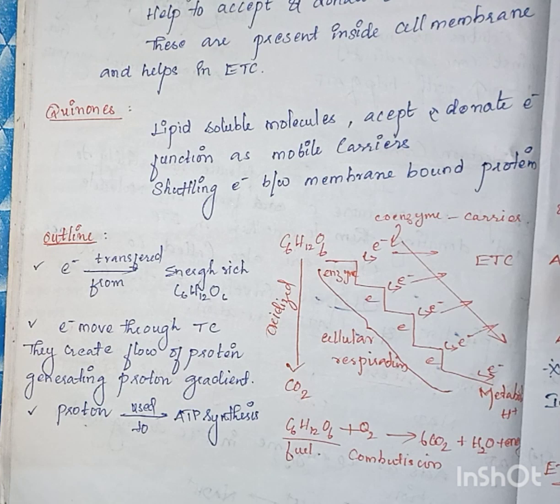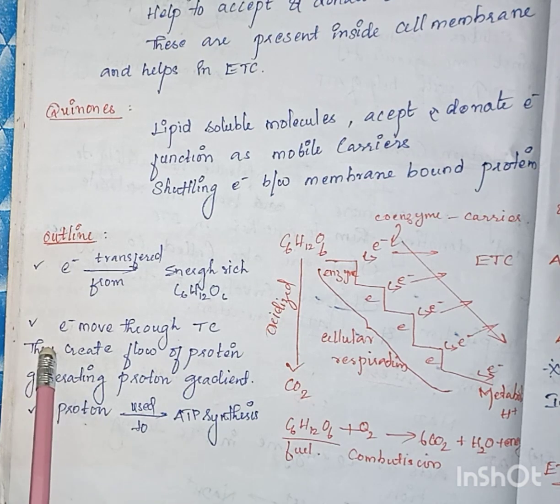In each step electrons are carried using the electron carriers, and during that process H+ ions are also generated. Those H+ ions take part in ATP synthesis, which is needed by the organism for survival.